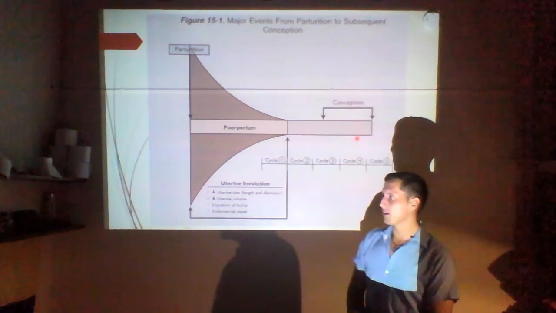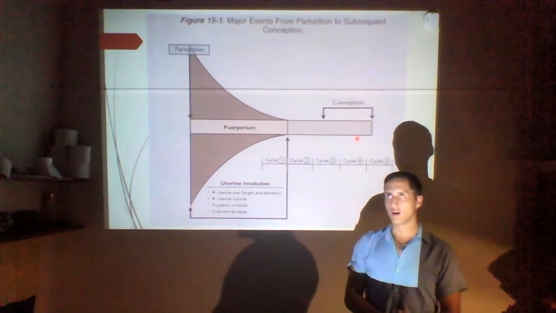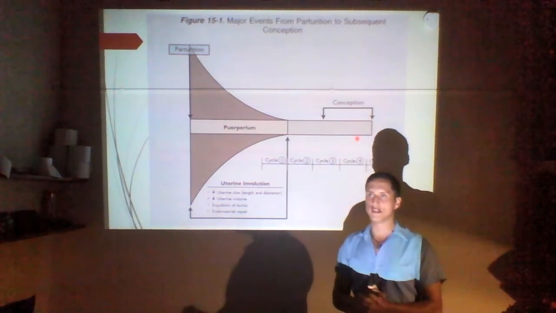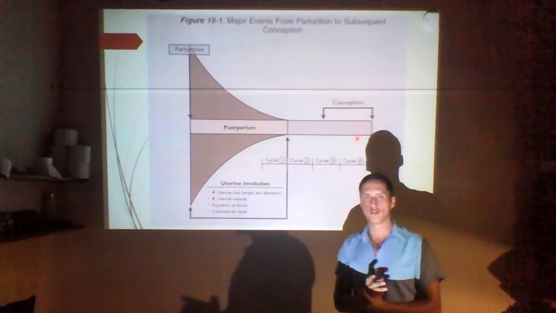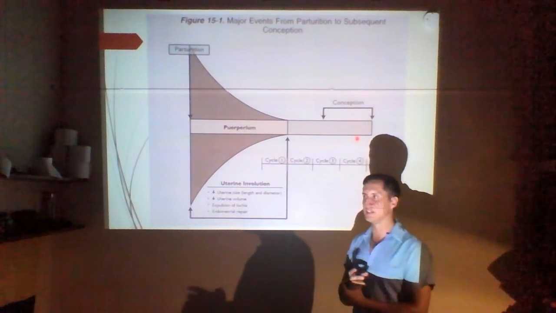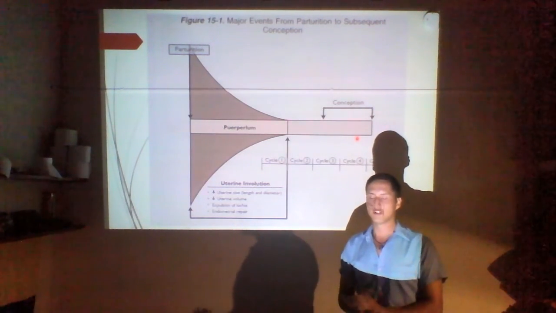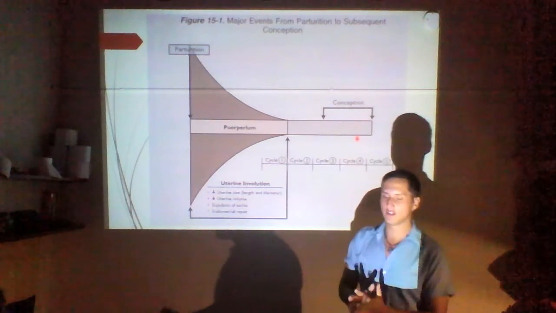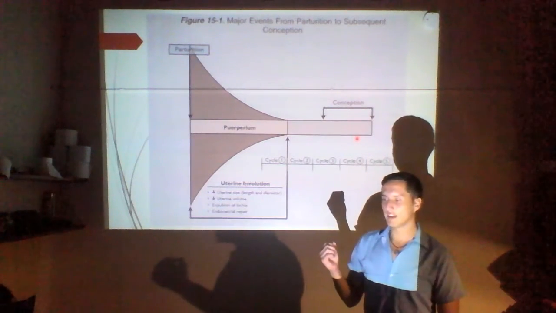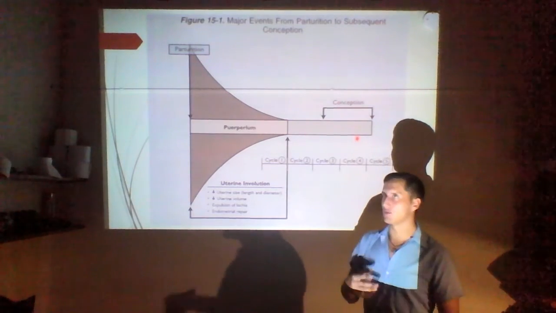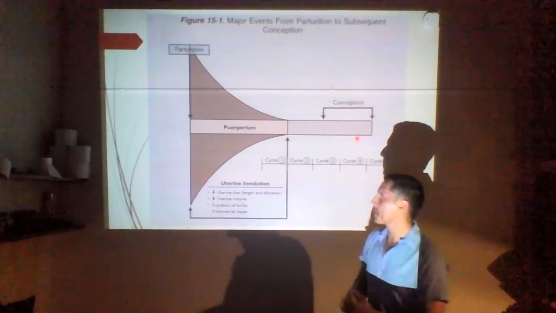So this occurs around day 12 to 14, and the embryo needs to go around the uterine horns in order to make this maternal recognition, and it takes around 8 hours to make all this process.